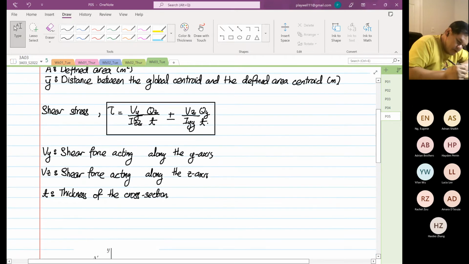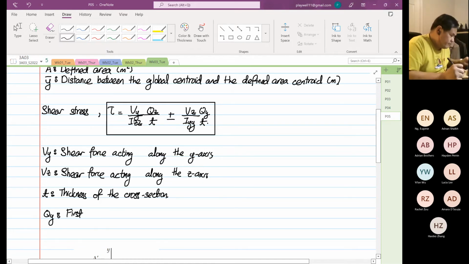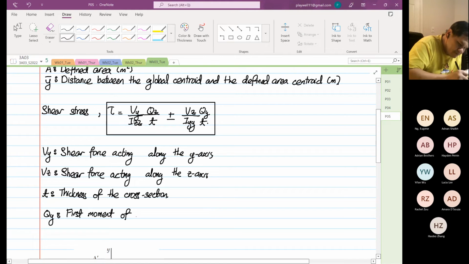Okay, Qy is the first moment of area about the y-axis.